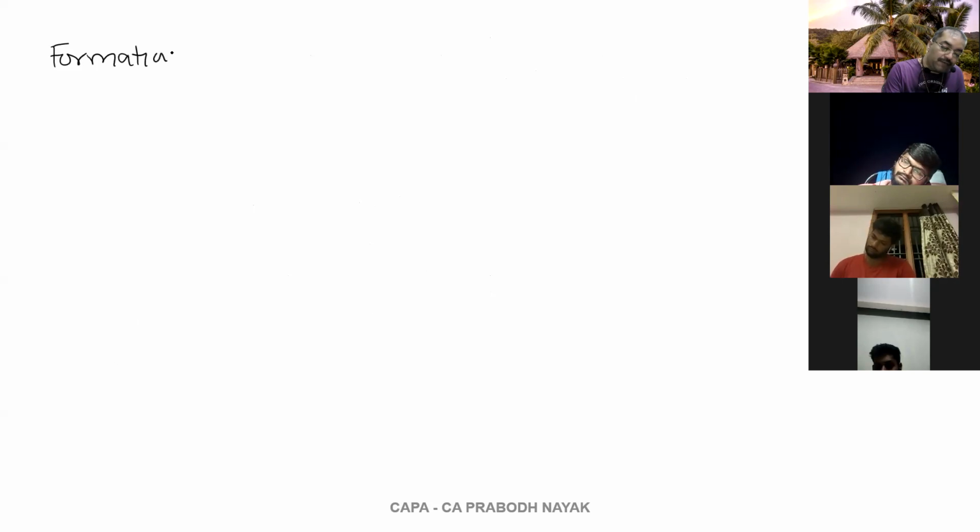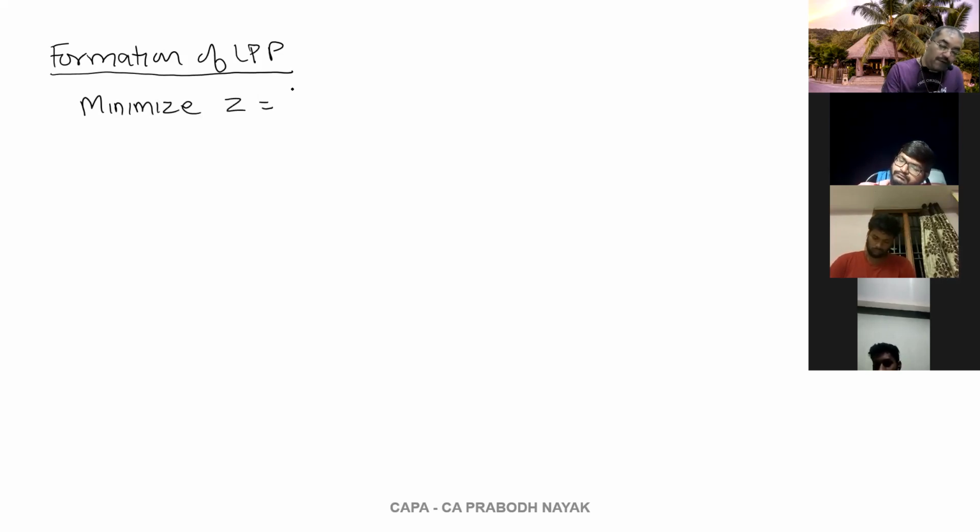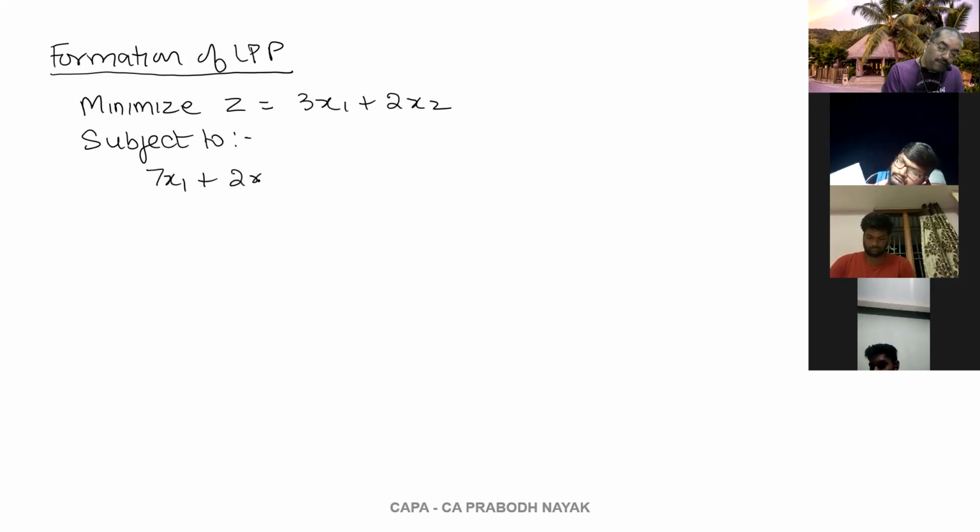Formulation of LPP. Minimize. The objective function is to minimize now. Minimize Z is equal to 3x1 plus 2x2, subject to 7x1 plus 2x2 greater than or equal to 30.